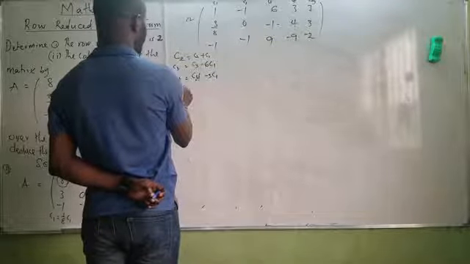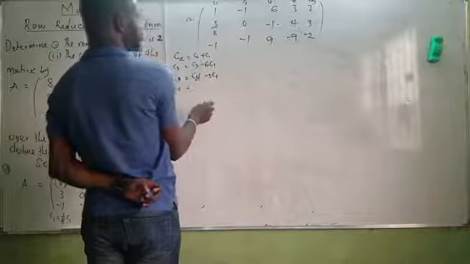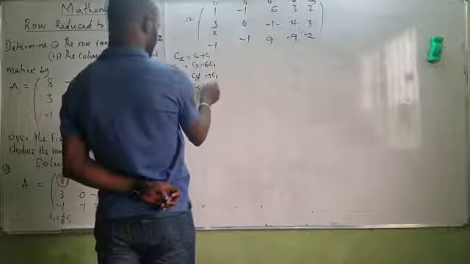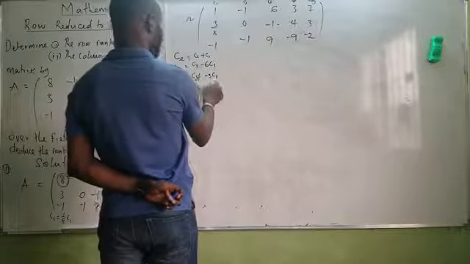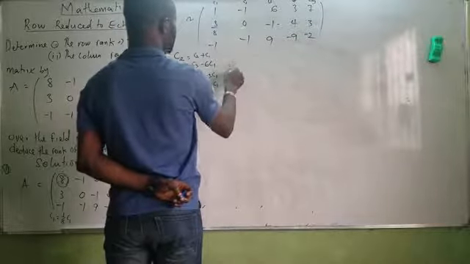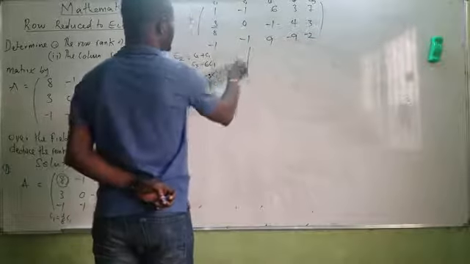I can also say my column 5 can be equal to column 5 minus 7 column 1. Now, what I'm doing now, it is now reduced to what?